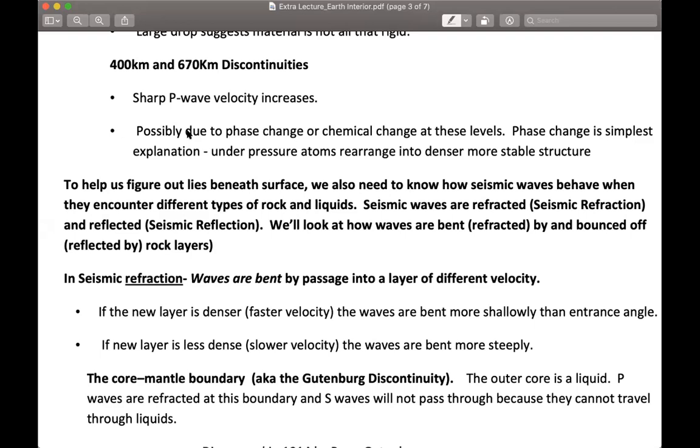You can remember the cross section of the earth and just check the depth of 400 to 600 or 700 kilometers. Still we are in the mantle, but not the uppermost part, the lower part of the mantle, right? The uppermost part of the mantle is the asthenosphere, which we just mentioned is semi-solid, right?